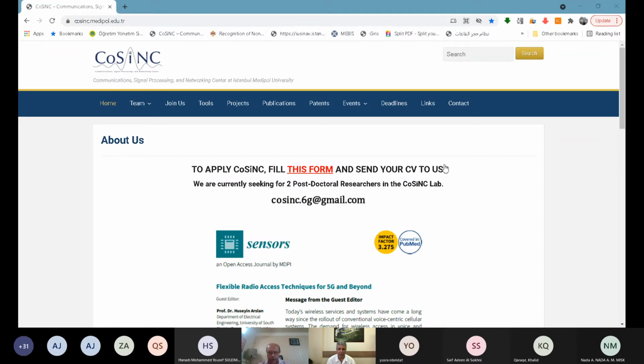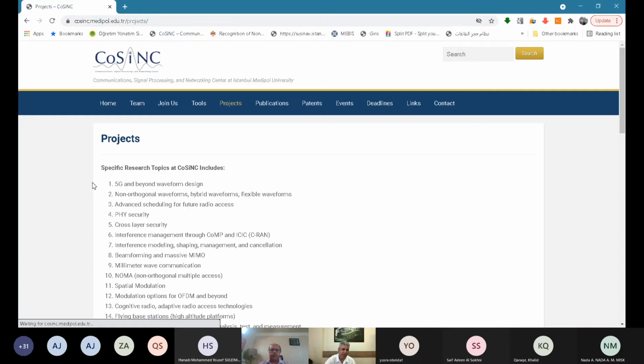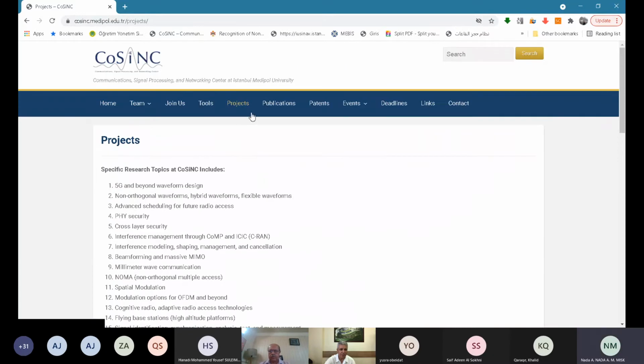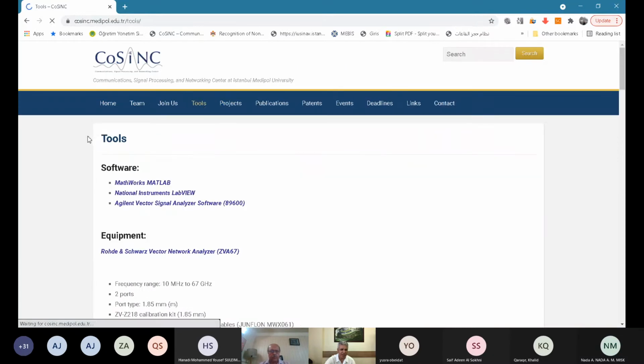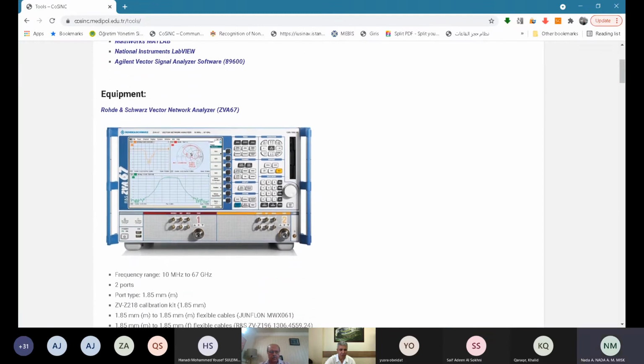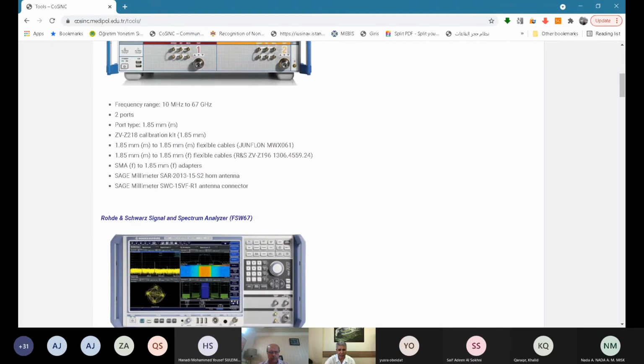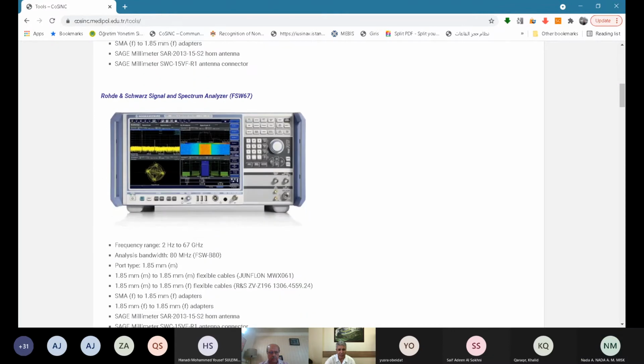Yes, we have very good hardware labs. If you go to our tools page, the next one, the tools. These are the projects, but the tools are the top-notch equipment we have in our labs at Medipol.